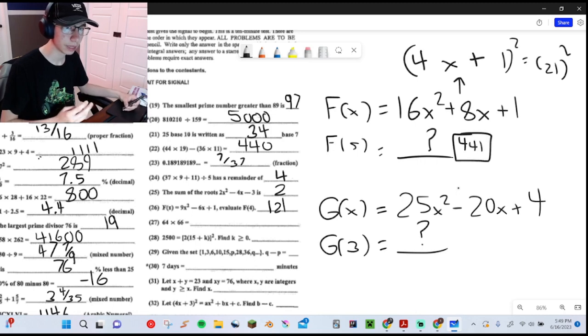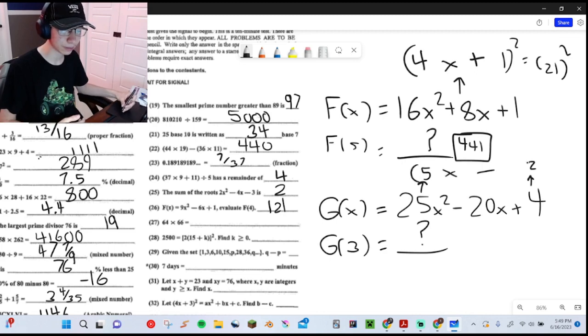Okay, now let me check g of x. Square root of this is 5. Square root of this is 2. I check the b term, see if it's positive or negative. It's negative, therefore, this is 5x minus 2 squared. I plug in 3, I get 13 squared, which is 169.